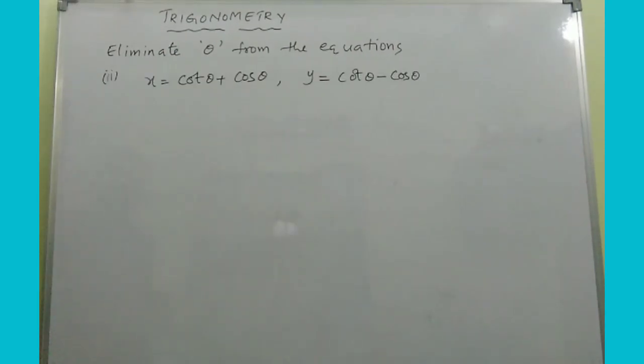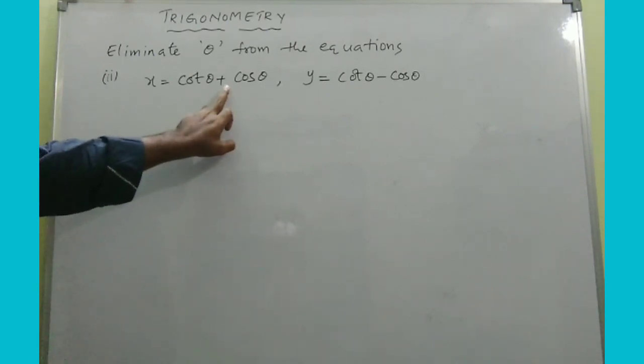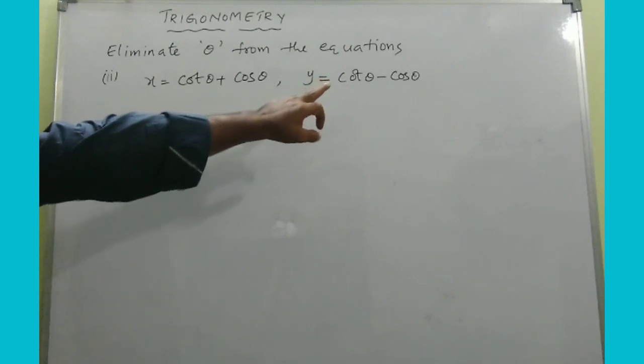So this time we need to eliminate theta from the equations. x is equal to cot theta plus cos theta and y is equal to cot theta minus cos theta. So my dear, this is also in the form of a plus b and a minus b.